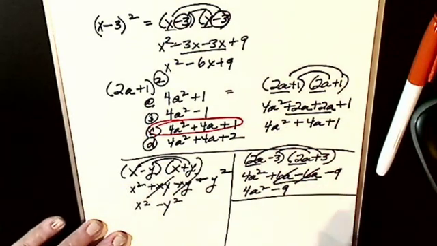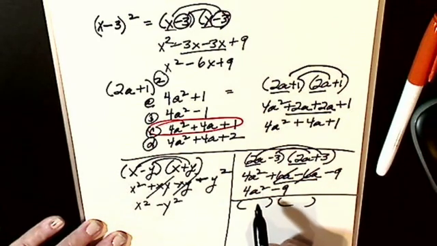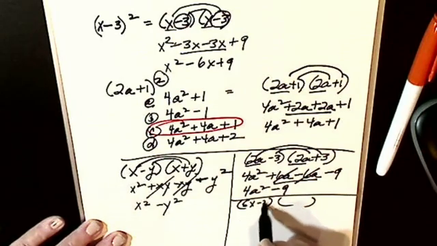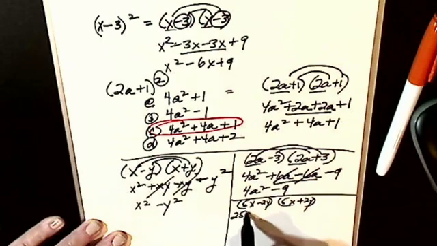We'll do one more. Let's make it 5x minus 2y times 5x plus 2y. I multiply my firsts, I get 25x squared. I multiply my outers, I get 10xy.